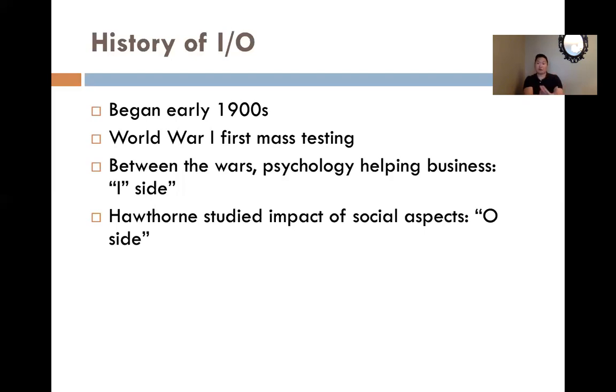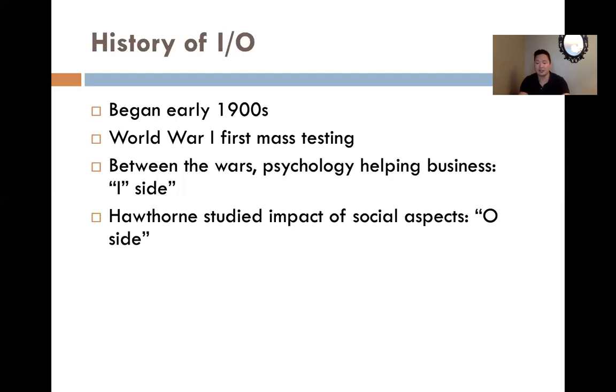1 million people were drafted, and not everybody was sent to the front line to live in the trenches and have a really horrible existence. Some people were pilots. Some people were cooks. Some people were doctors, right? And with a draft, it's hard to sort out who's going to be good at what. You just have a mass of people, and you have to figure out what they're going to be suited for.